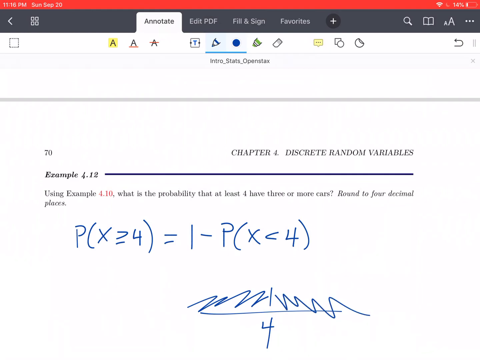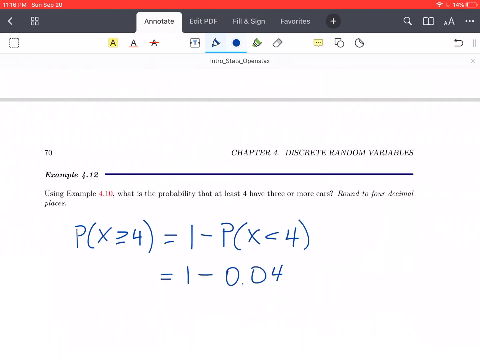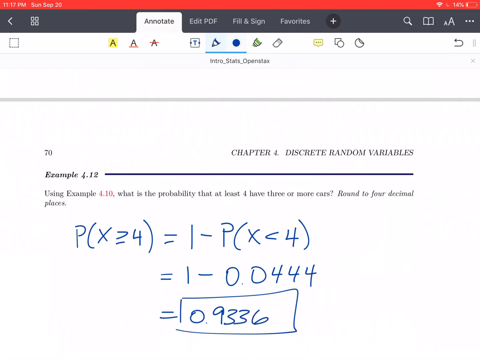Now we're going to find all the values 4 and greater. So we get 1 minus 0.0444, which is 0.9336. So the probability that at least 4 of these 20 households have 3 or more cars is approximately 0.9336.